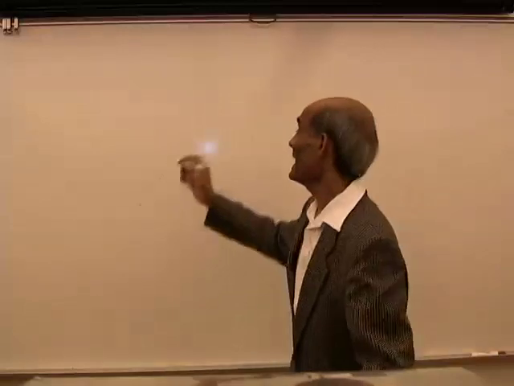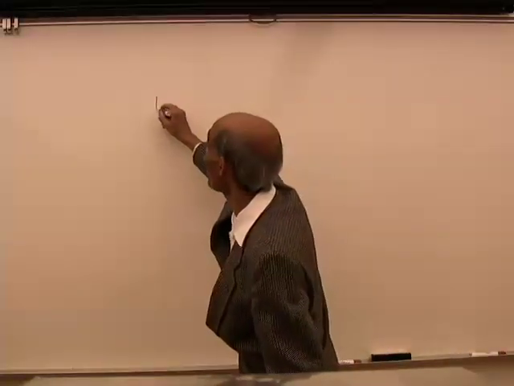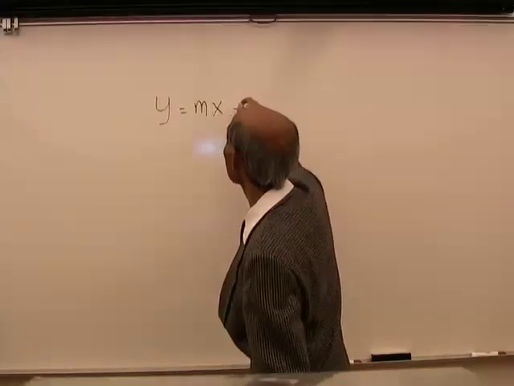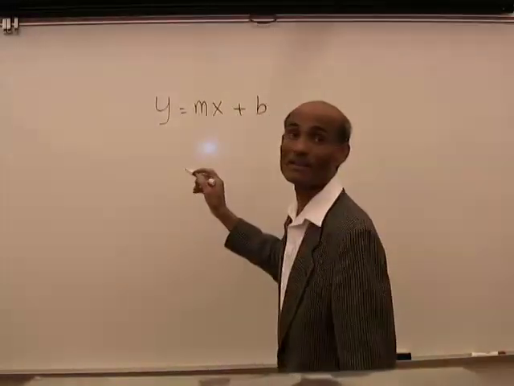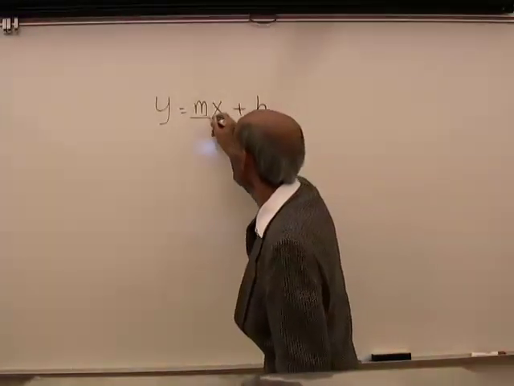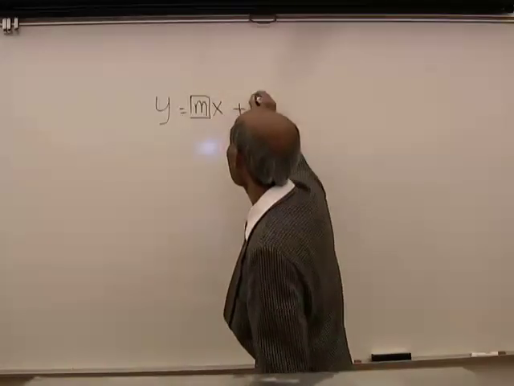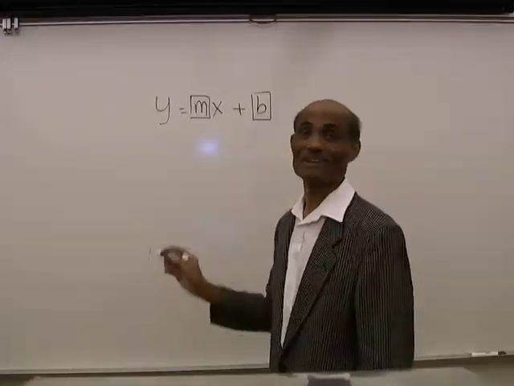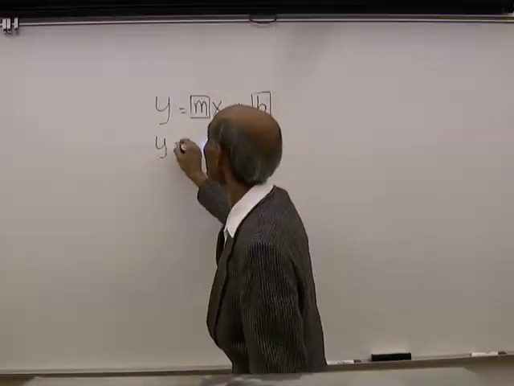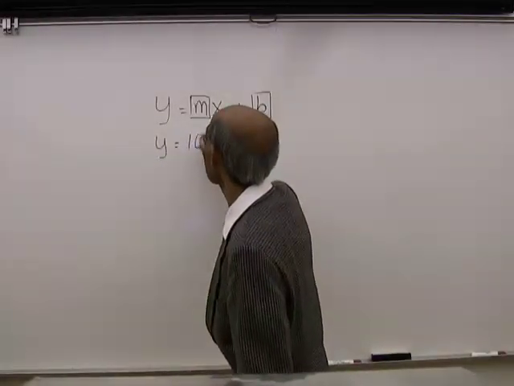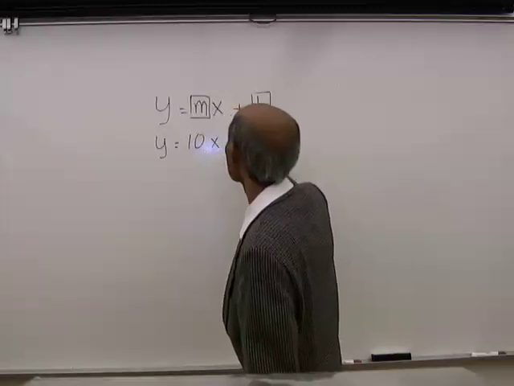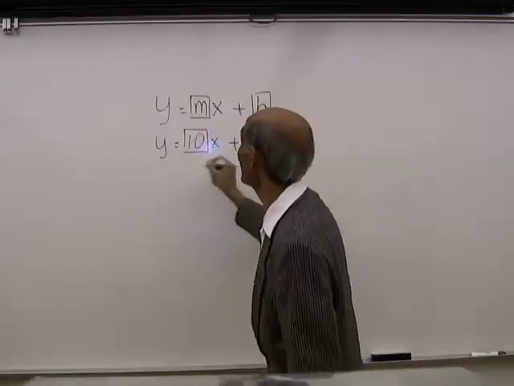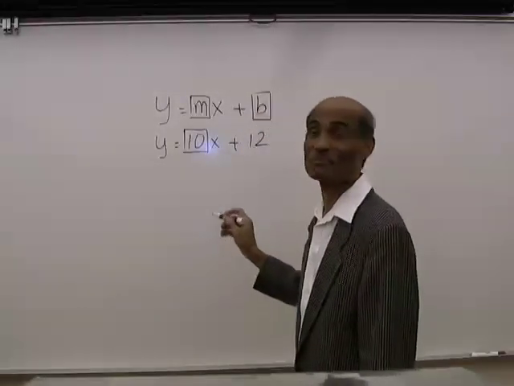You know that a linear equation is of the form y equal to mx plus b, where m is the slope and b is the y-intercept. Well, y equal to 10x plus 12 has the slope 10 and the y-intercept 12.